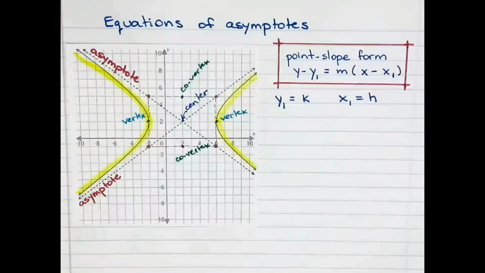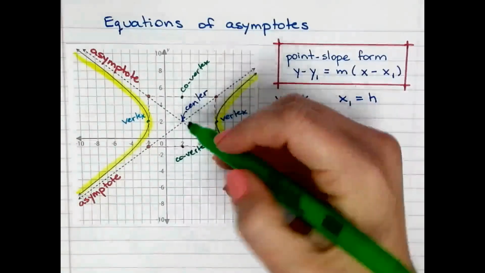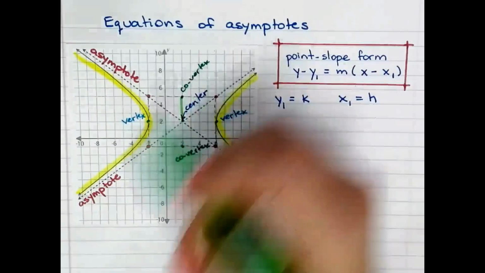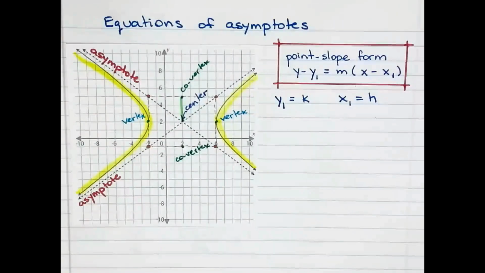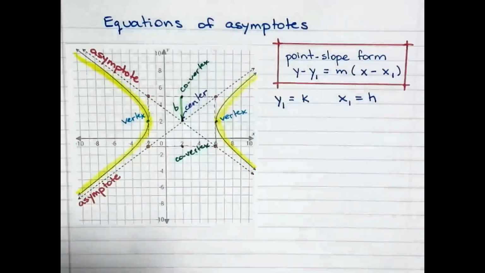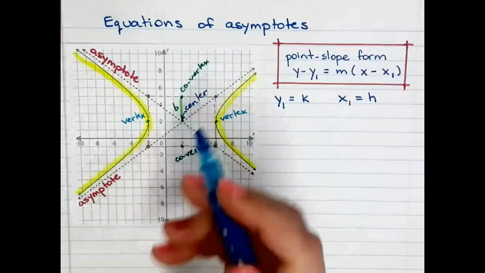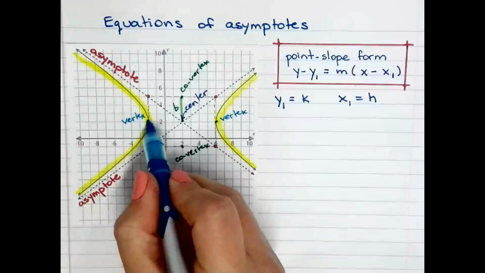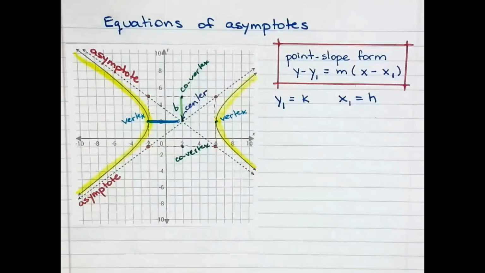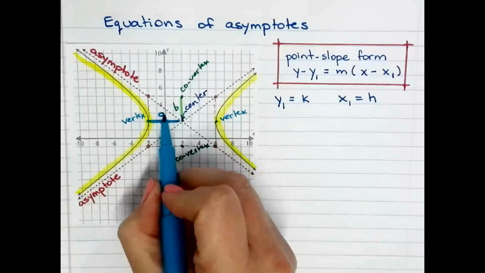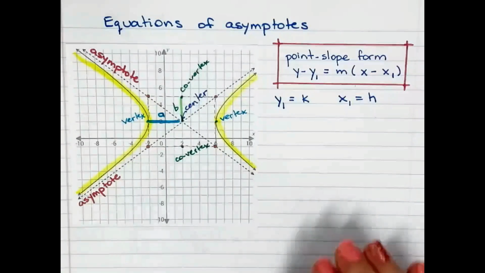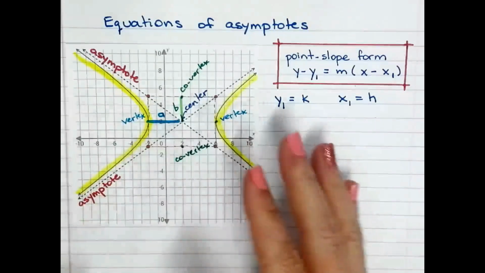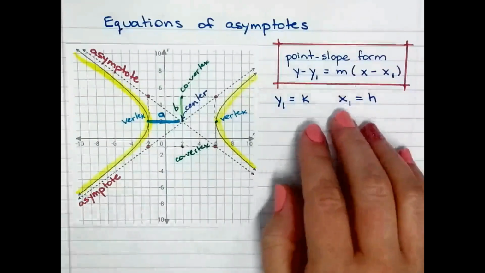We also know from the other video that the distance from the center to the covertex, that's B. And the distance from the center to the vertex is A. Okay. Now, I have everything labeled. I'm ready to start.